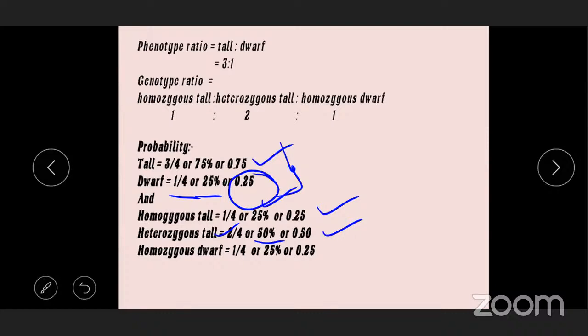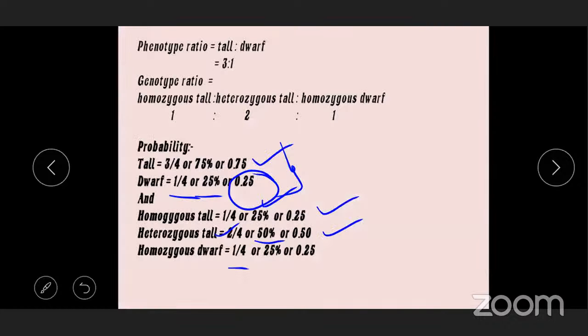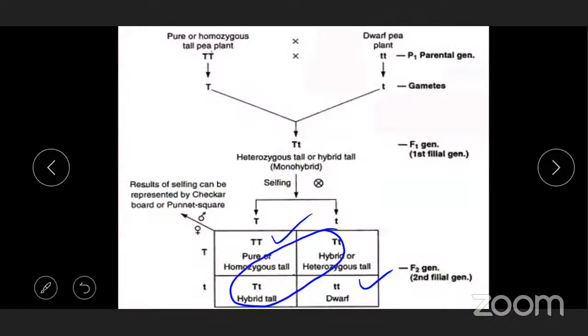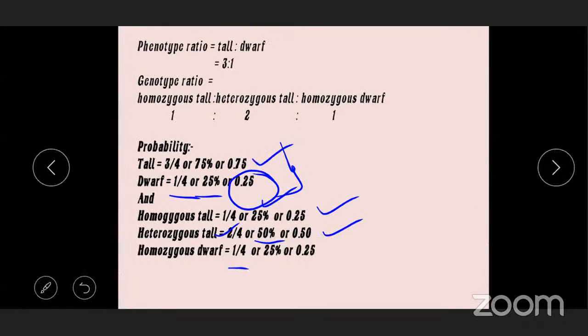Homozygous dwarf. Out of 4, how many homozygous dwarf here? Yes, 1. That is why 1 by 4. In percentage, 25 percentage. Nothing but 0.25. This is about probability, phenotype ratio and genotype ratio.